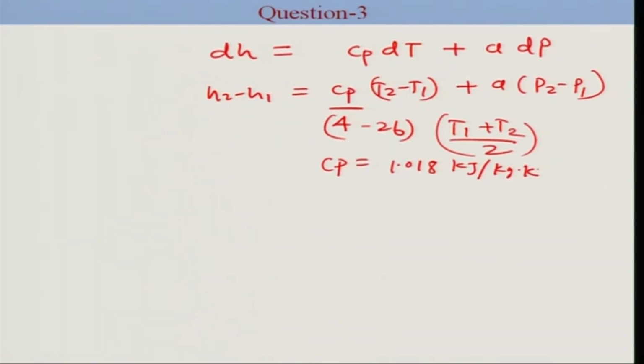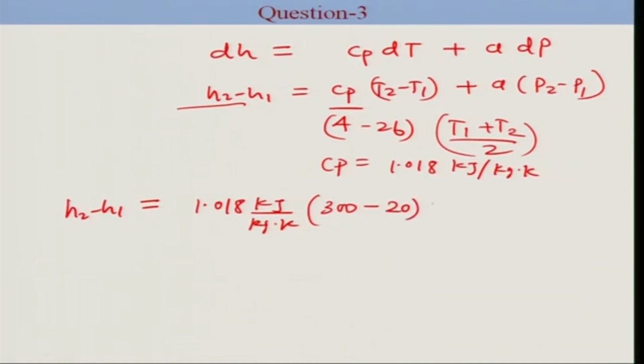After substituting all these values in this expression, we get H2 minus H1 equal to 1.018 kilojoule per kg Kelvin times delta T, which is 300 minus 20 Kelvin, plus value of A is given, which is 0.01 meter cube per kg, times delta P, which is 600 minus 100 kilo Pascal.